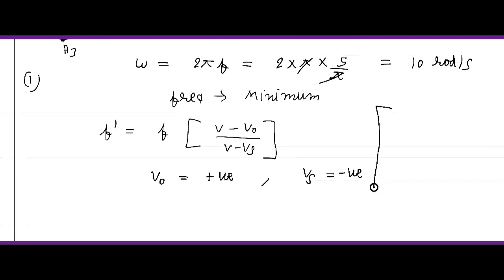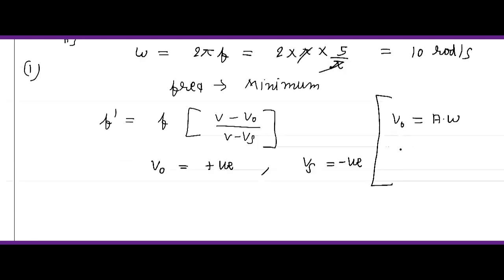First we need to find V0 and Vs. So V0 is equal to amplitude into omega, which is 6 into 10, so V0 is equal to 60 meter per second.